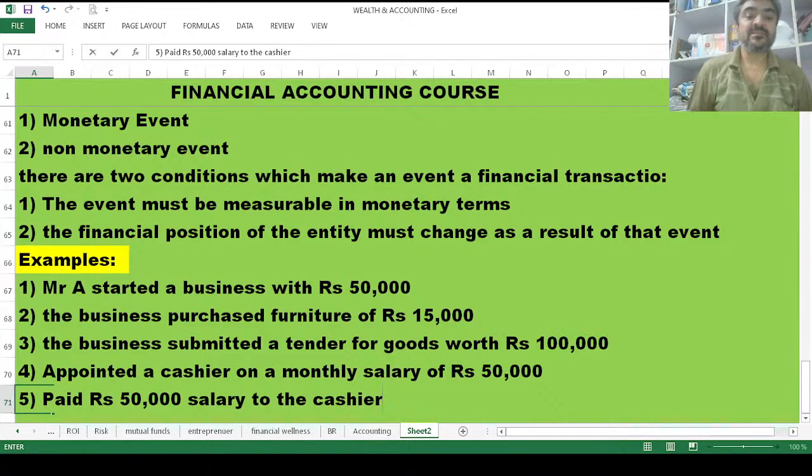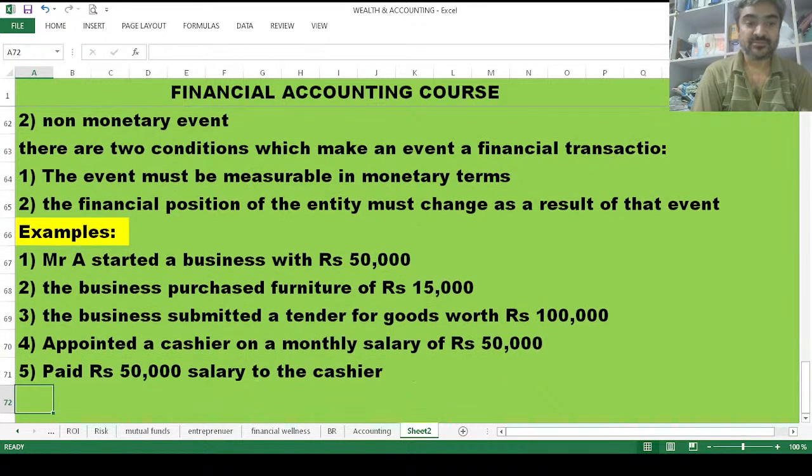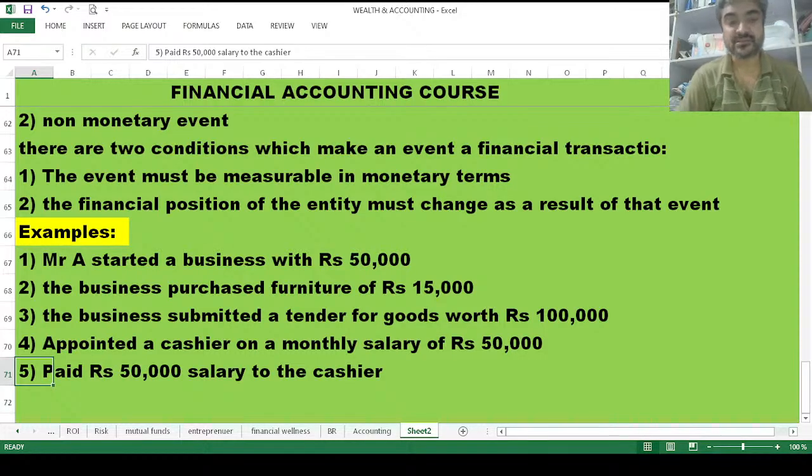Now you can see that this transaction involves the monetary aspect, and it also changes the financial position of the business as the cash goes out of the company. So this fifth transaction is a financial transaction and we need to record it in our books of accounts.